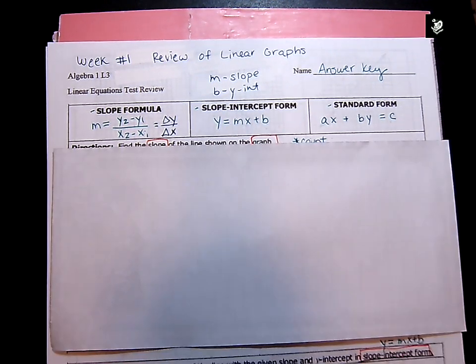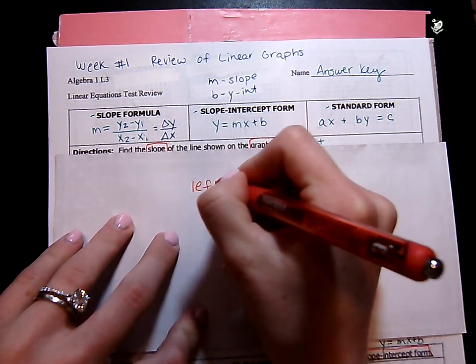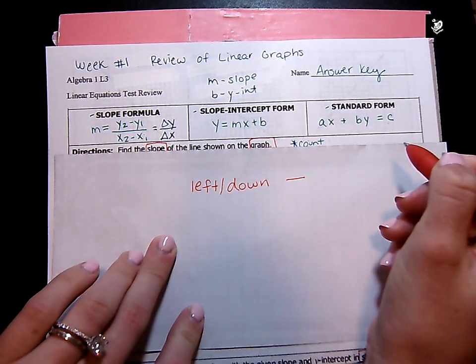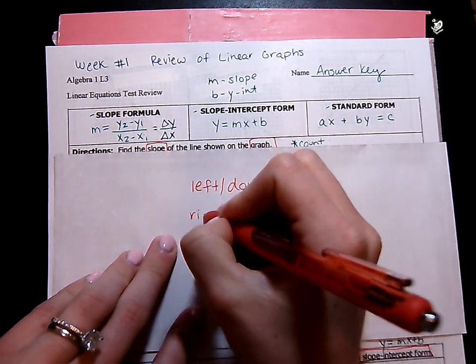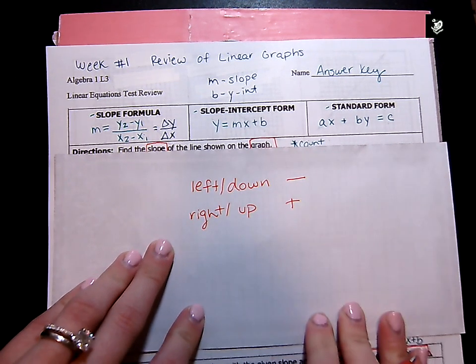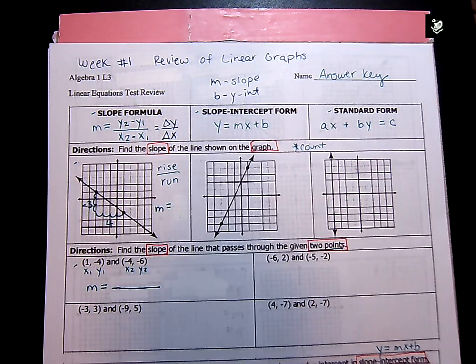Just to add in a little note: if you're going to the left or down, you get a negative number. And if you're going to the right or up, you get a positive number. That might be something good to put on your paper if you forget which direction to go in.